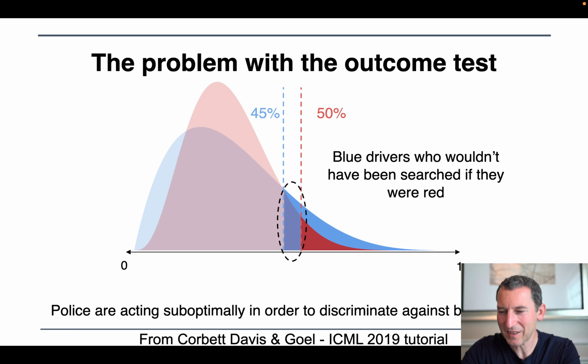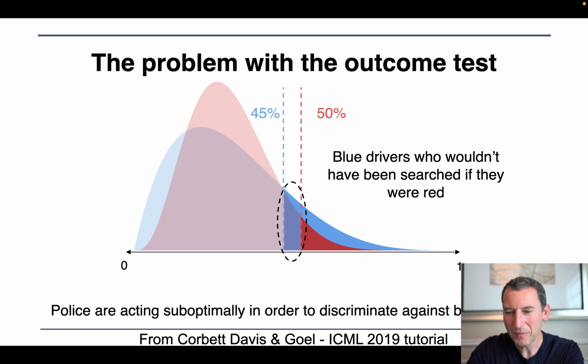And now you can ask yourself, is it now fair, right? Because if you were to do that, the probability of finding somebody who has contraband in both groups is the same.